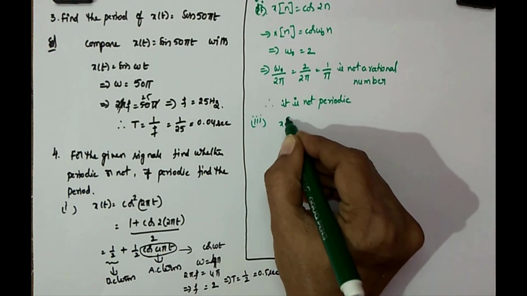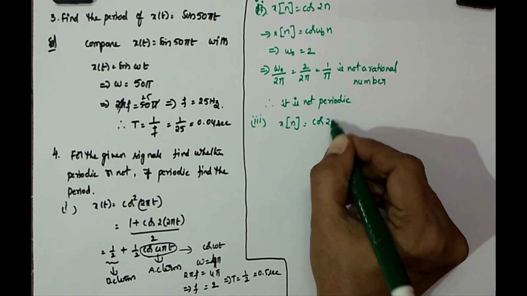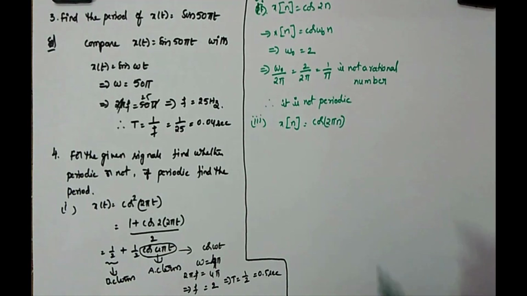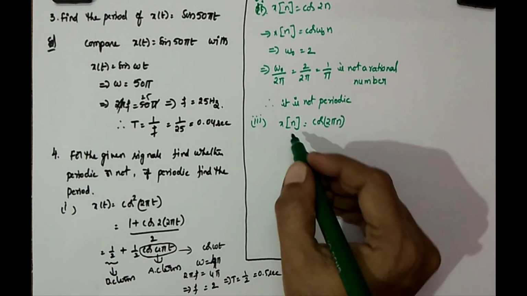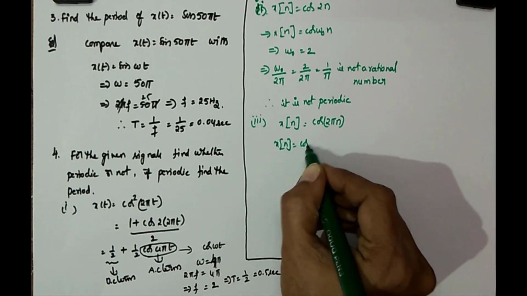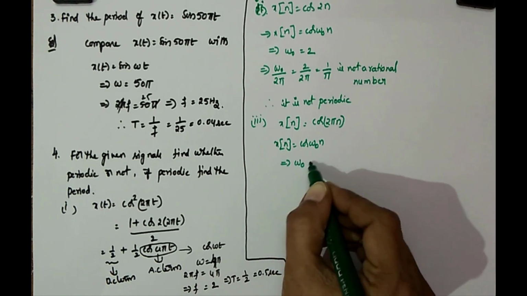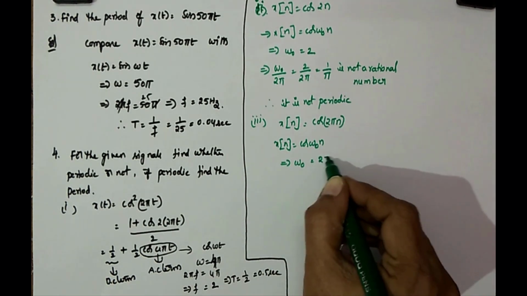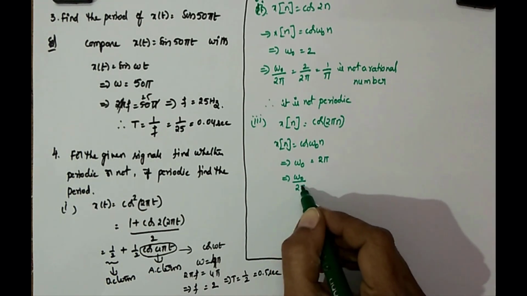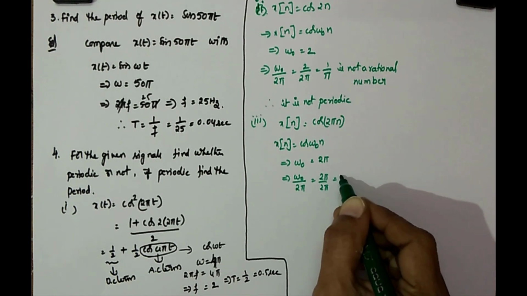Now take x of n is equal to cos 2 pi n. Now compare again with x of n equal to cos omega naught n. So what is omega naught? Omega naught is 2 pi. Now again take omega naught by 2 pi. It will be 2 pi by 2 pi. What is this? 1.